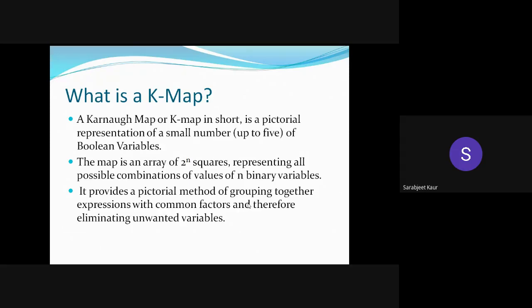Yes, the reason is that though Carnot maps are very handy for expressions that involve two, three, or even five Boolean variables, after five Boolean variables, it becomes difficult to handle K-maps. So they are typically used only for expressions involving a small number of Boolean variables. So this is a kind of a disadvantage with the K-maps.